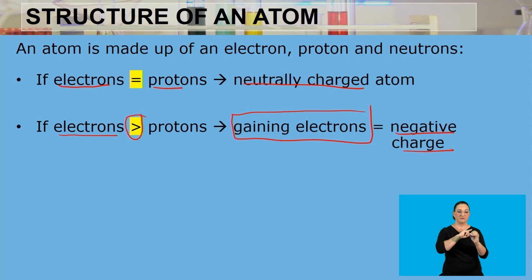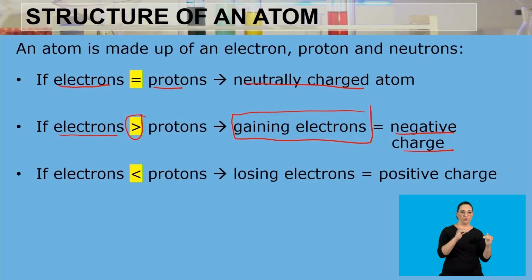If we are starting from a neutrally charged atom, when that atom gains electrons, then obviously there's going to be more electrons than protons. And when that happens, then that atom is going to be negatively charged, or is going to have a negative charge.